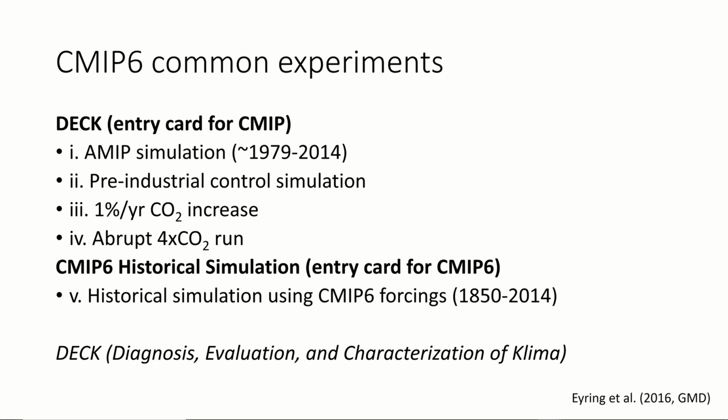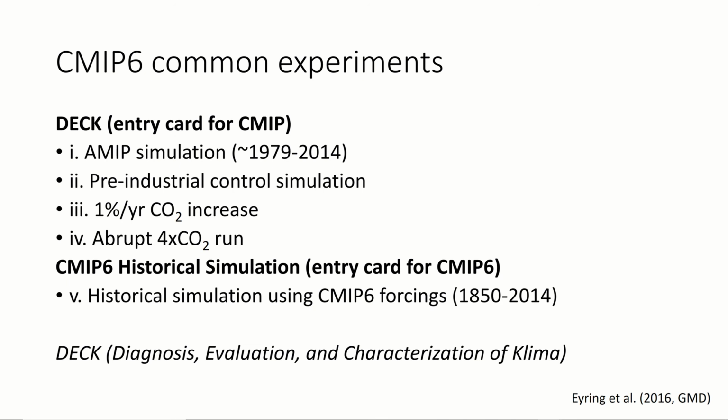And to enter the CMIP6, to be one of the endorsed model groups or projects, you have to do the historical simulation using the CMIP6 forcing. This historical simulation is from January 1850 to December 2014.